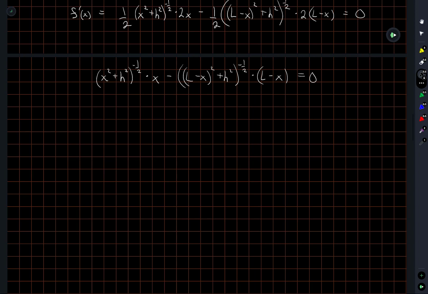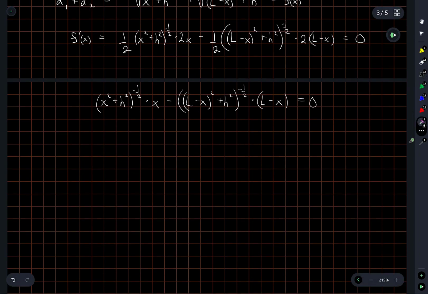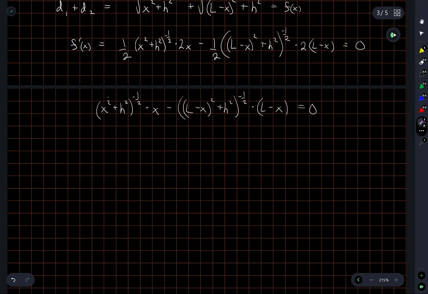So x equal to L over 2 certainly satisfies this. If x is equal to L over 2, then that quantity is equal to that quantity, and that quantity is equal to that quantity.